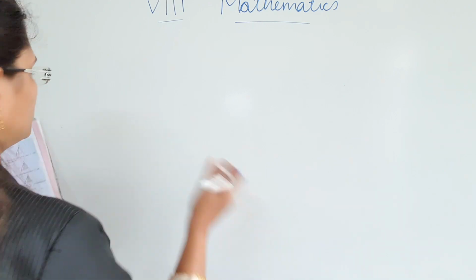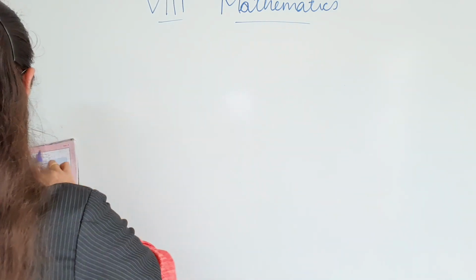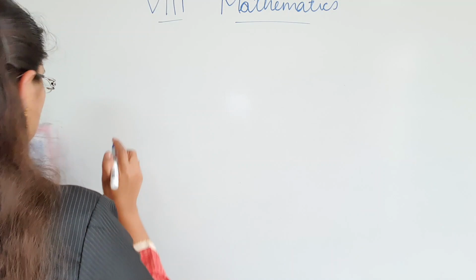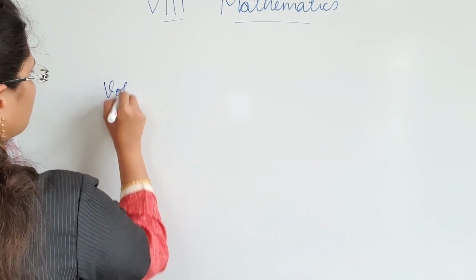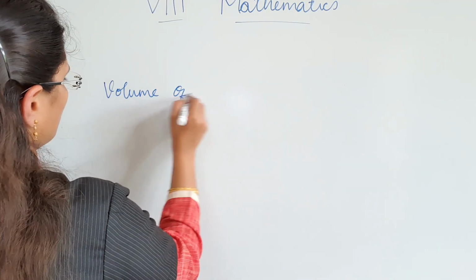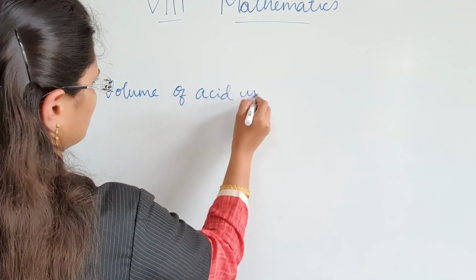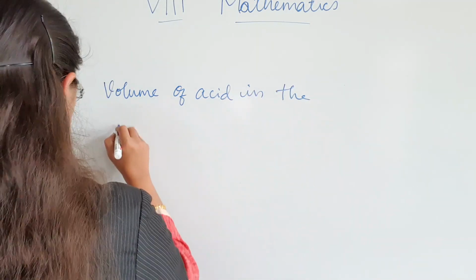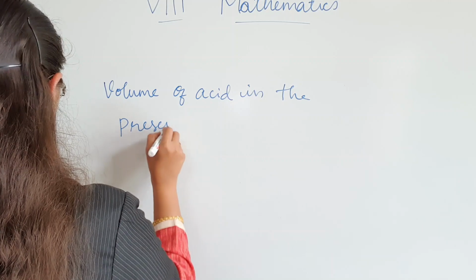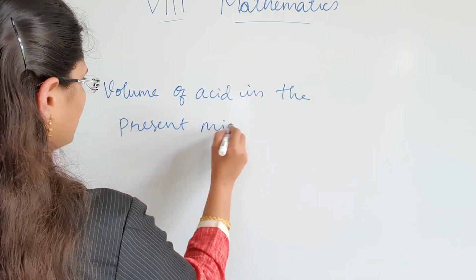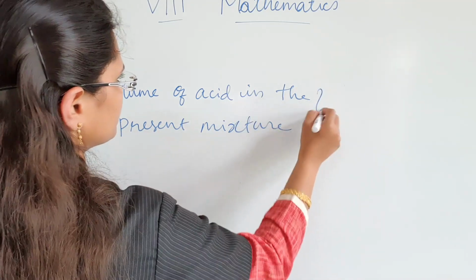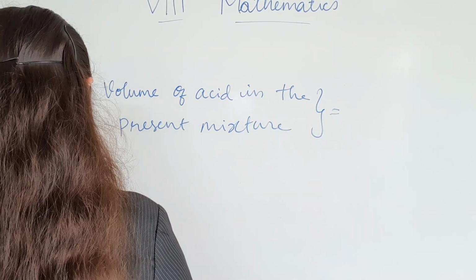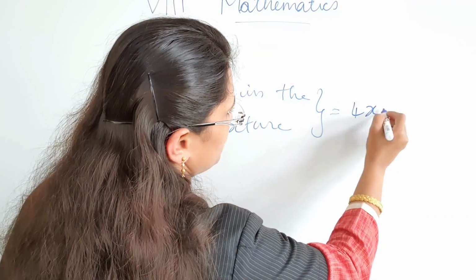Now, substitute the value of x equal to 2 in the present mixture. So, volume of acid in the present mixture is equal to, what is that, 4x plus 10, right.